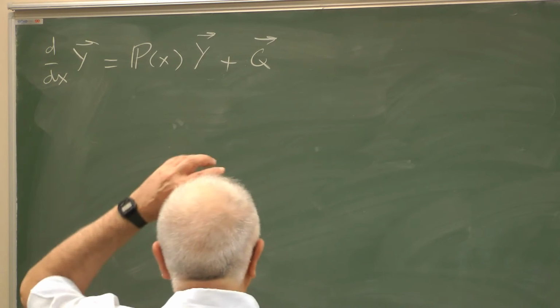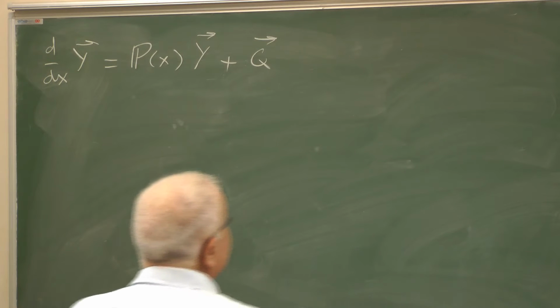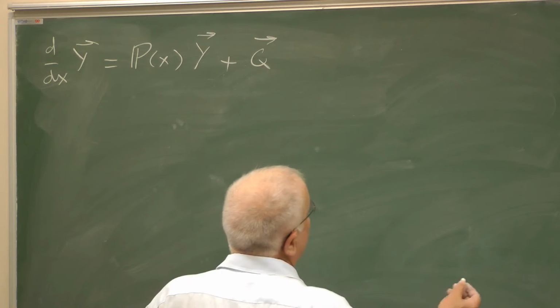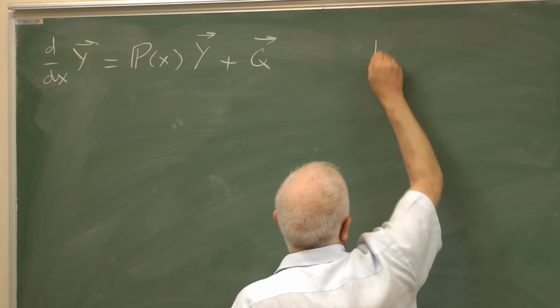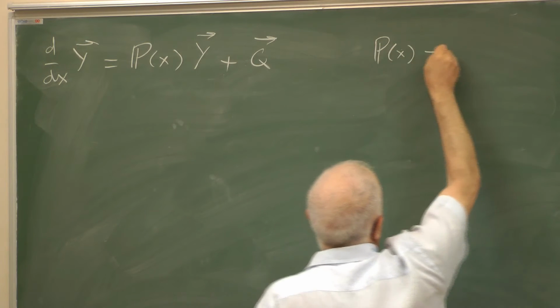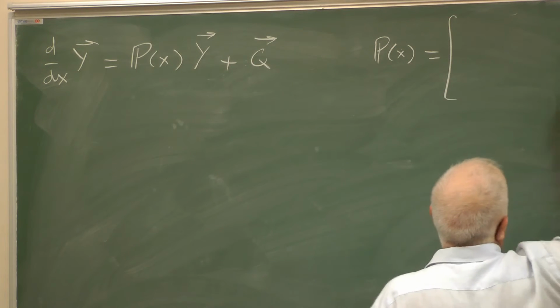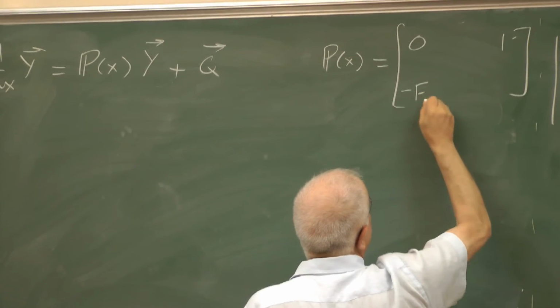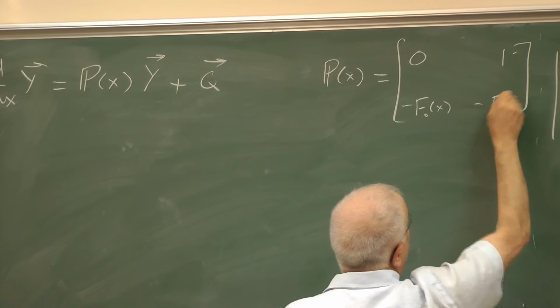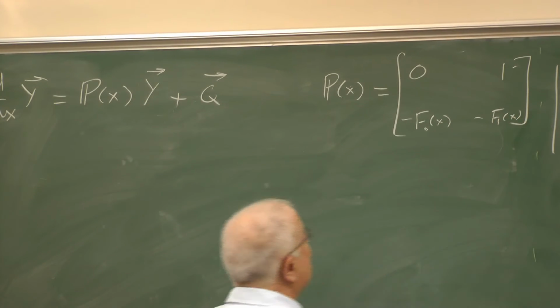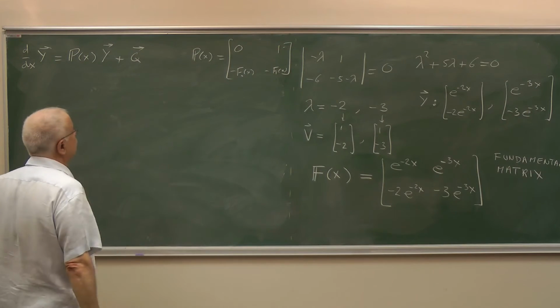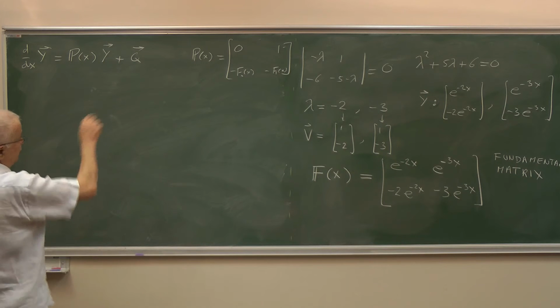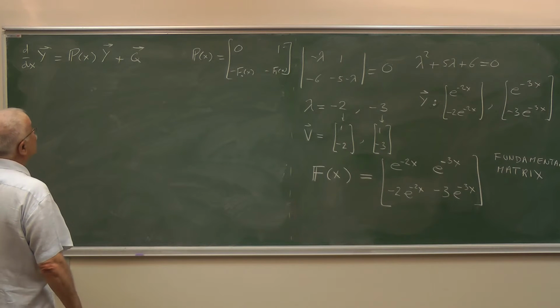Now, P of x for a second-order linear differential equation will be 0, 1, minus f0 of x and minus f1 of x. But it can be nth order, and this may be a larger matrix than 2 by 2.